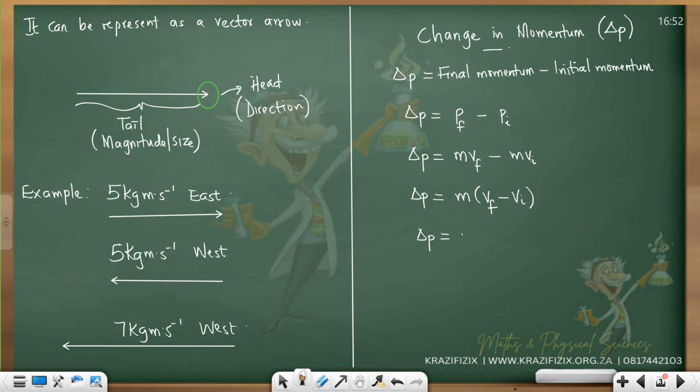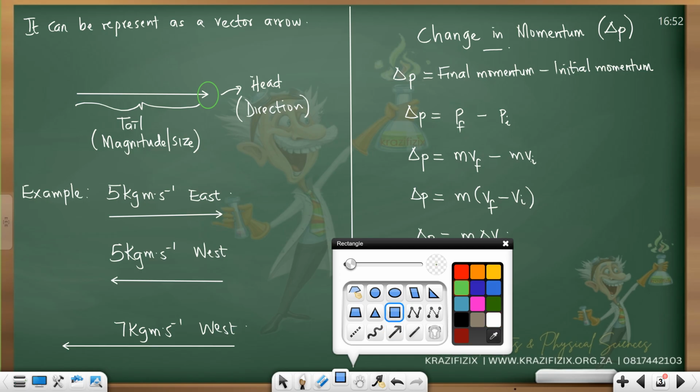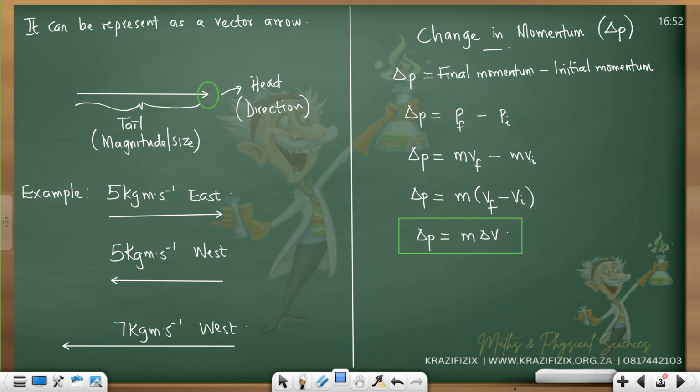Therefore, change in momentum is m times the change in velocity. Interesting. We're getting somewhere. The change in momentum is mass times the change in velocity. Remember, the mass of the object remains the same in this case.